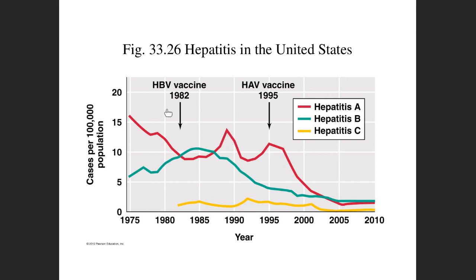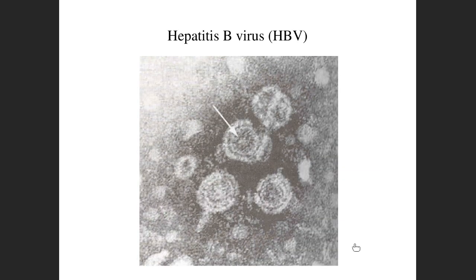And with the introduction of the vaccine for B and A, you see both incidents coming down. So the vaccine does work. And so here's a picture of the hepatitis B, HBV virus.